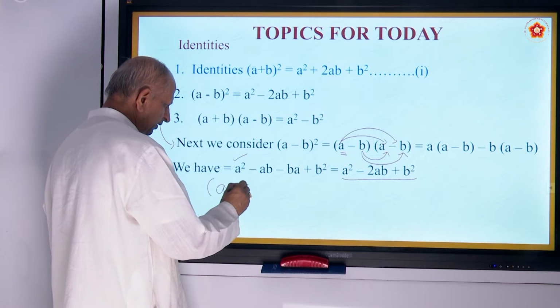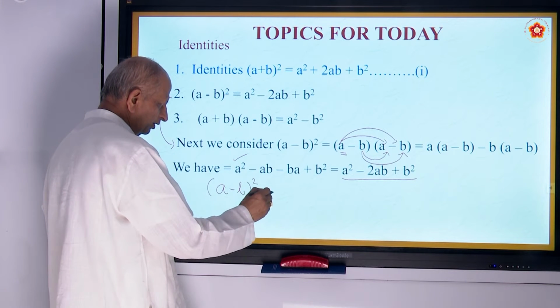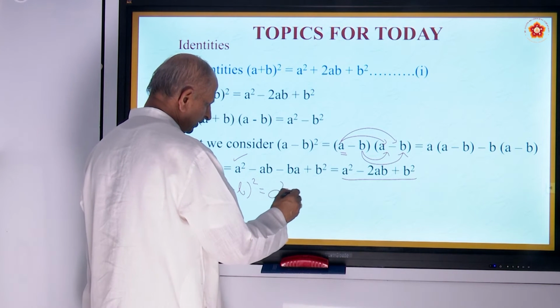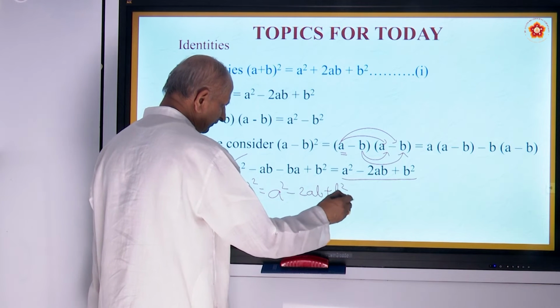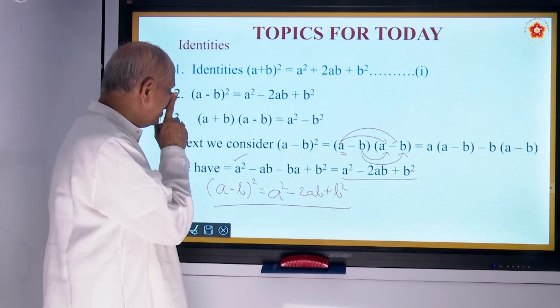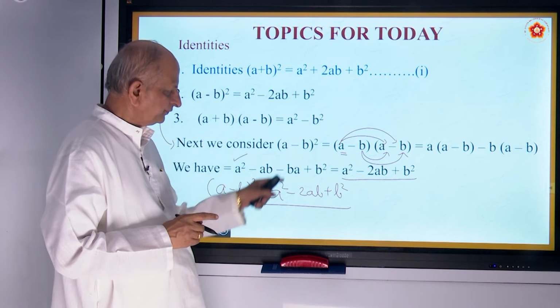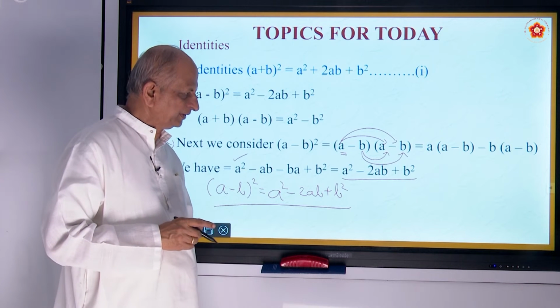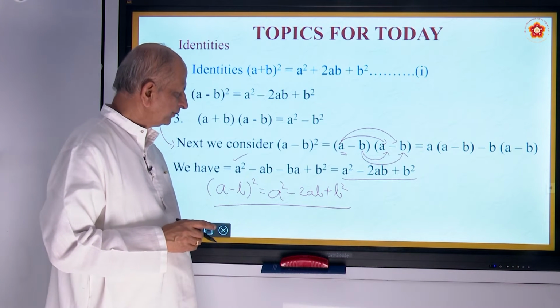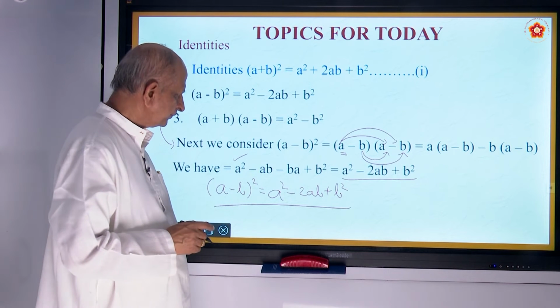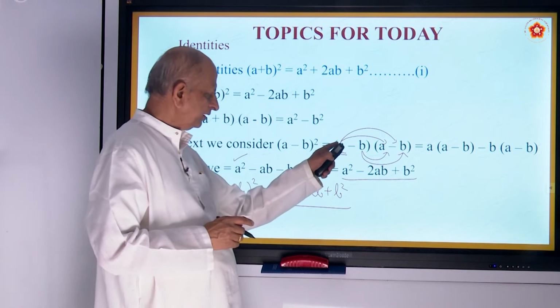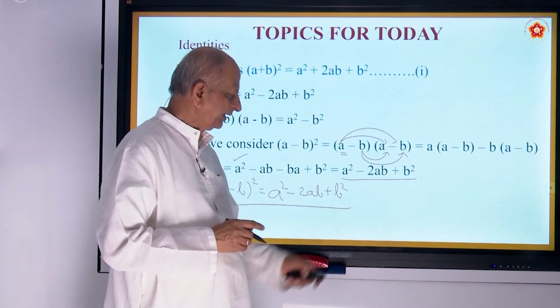A minus b whole square is equal to a squared minus 2ab plus b square. So what is the difference between the two? Here it is plus 2ab, here it is minus 2ab, correct? So you taken down, understood? You have to take every term and multiply it to the second bracket.